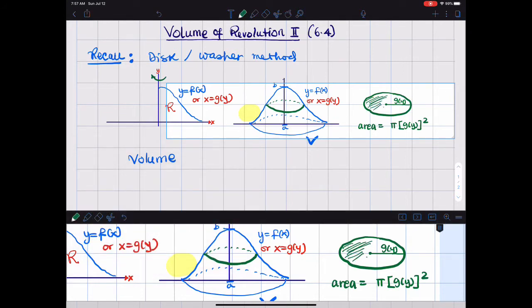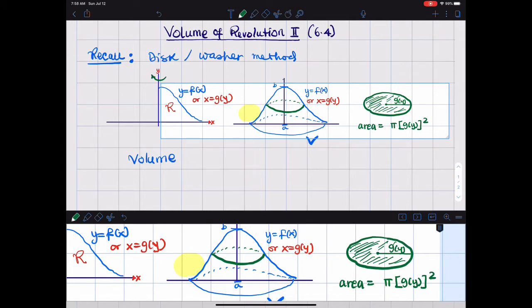We get this disc and we find the area of the disc, and then we integrate throughout the whole solid. So if we run from the bottom to the top, if we add up every possible disk in this solid, we're going to end up with the volume of the solid.